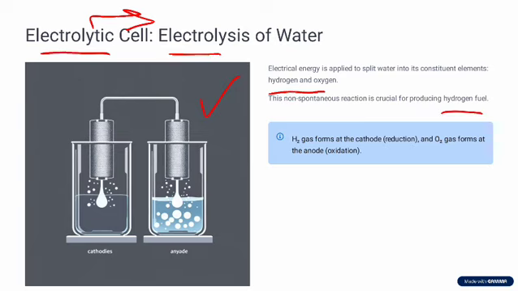So here hydrogen fuel is produced. Hydrogen forms at the cathode and oxygen forms at the anode. So the main purpose of this cell is to gain hydrogen gas, where H2 forms at the cathode and O2 at the anode.